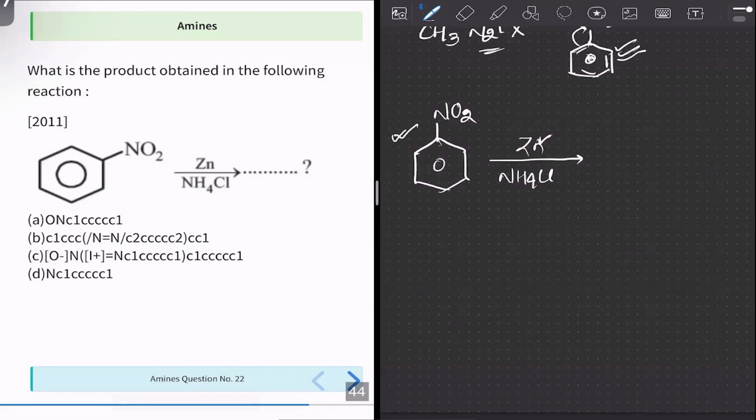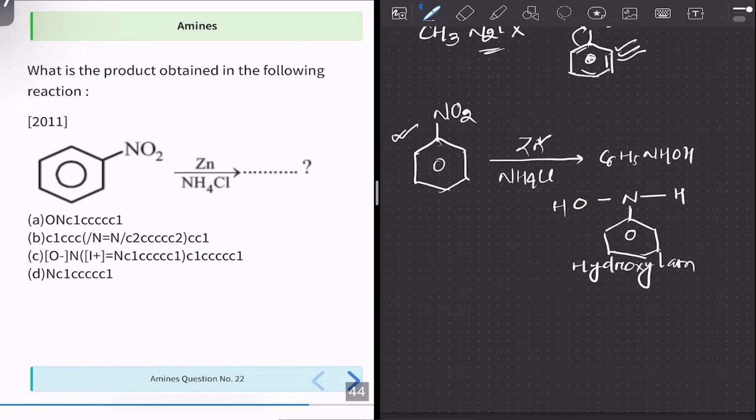For this nitrobenzene, the hydroxylamine produced is C6H5NHOH, where both amine group and hydroxyl group will be present. This is a hydroxylamine. Here also the options are not clear, so I'm not choosing an option, but the correct answer will be this compound.